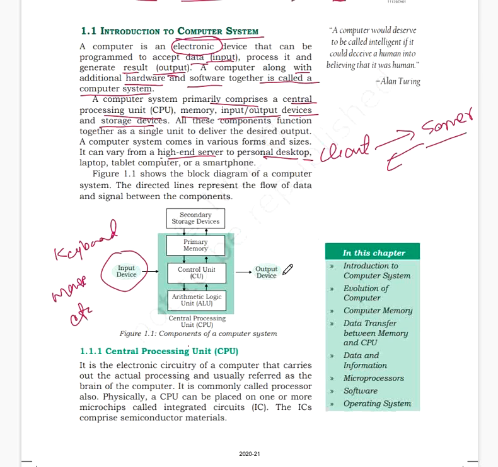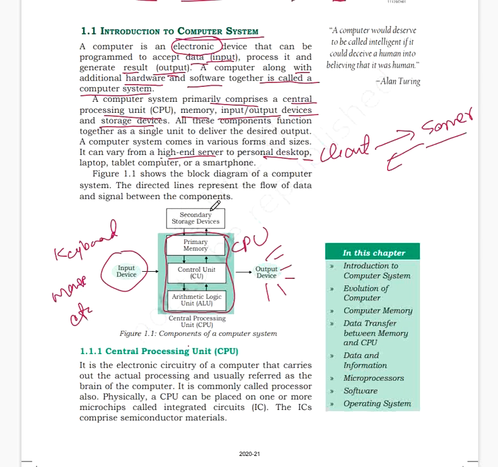And there are a number of output devices by which we get the information processed by the CPU. This is the main CPU part. This is called the CPU, in which the primary memory is there, the control unit is there, and the ALU, that is the arithmetic and logic unit, is there.